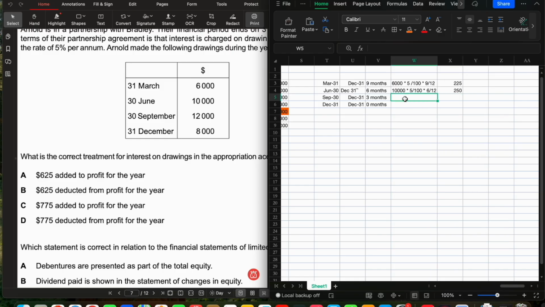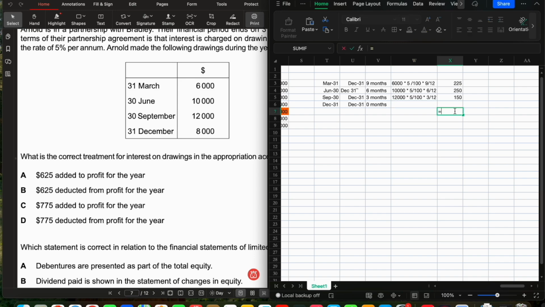Okay, last one, drawings is 12,000 and 5% interest for 3 months out of 12 months. So this is 150, and last one is 0 months, so no interest. Okay, we do not charge any interest on that.